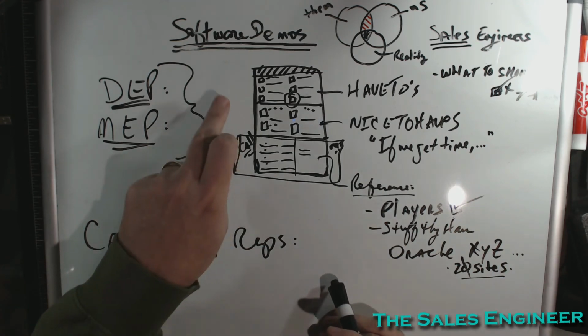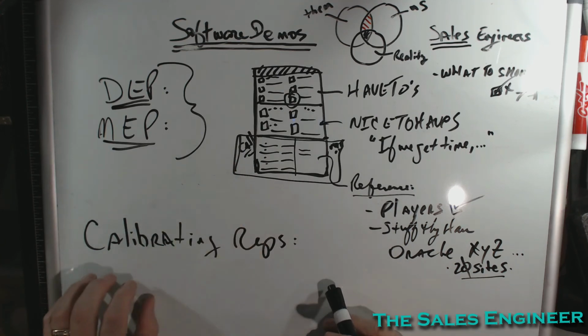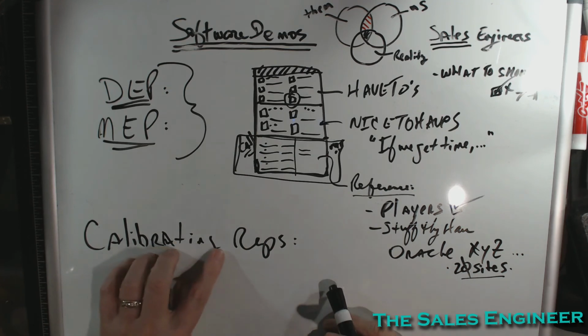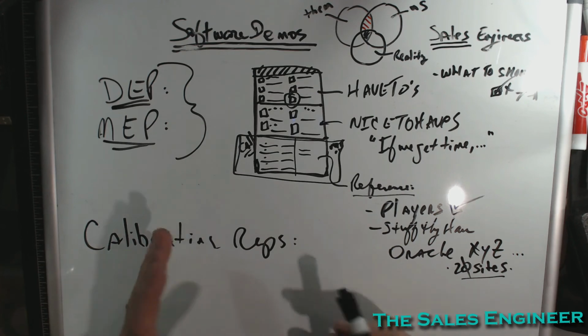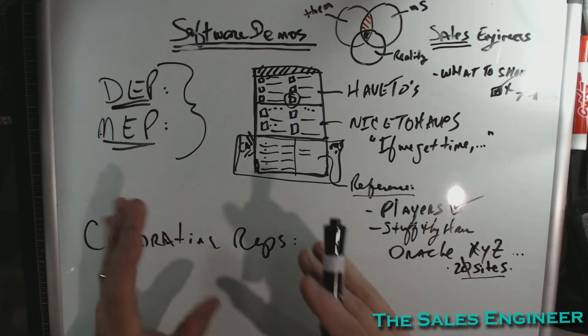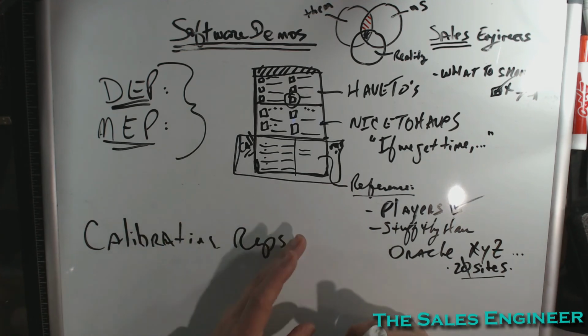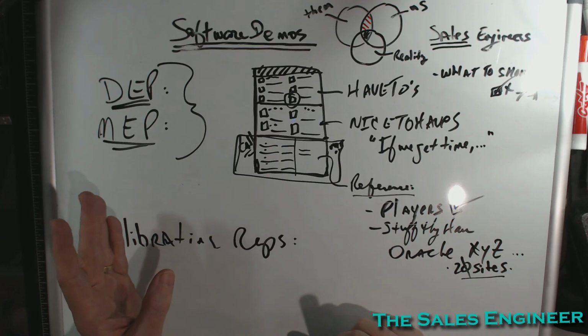When it comes to doing demos and doing them at the right time and in the right format, just be sure that you're doing it with a calibrated rep, not somebody who's going to say, well, I could have closed that deal if he wouldn't have said he wasn't going to do the demo. So never say no, even to your reps. Give them a qualified yes. Yes, I think it's a great idea that we do the demo for them. Are they qualified? Are we at that stage yet?